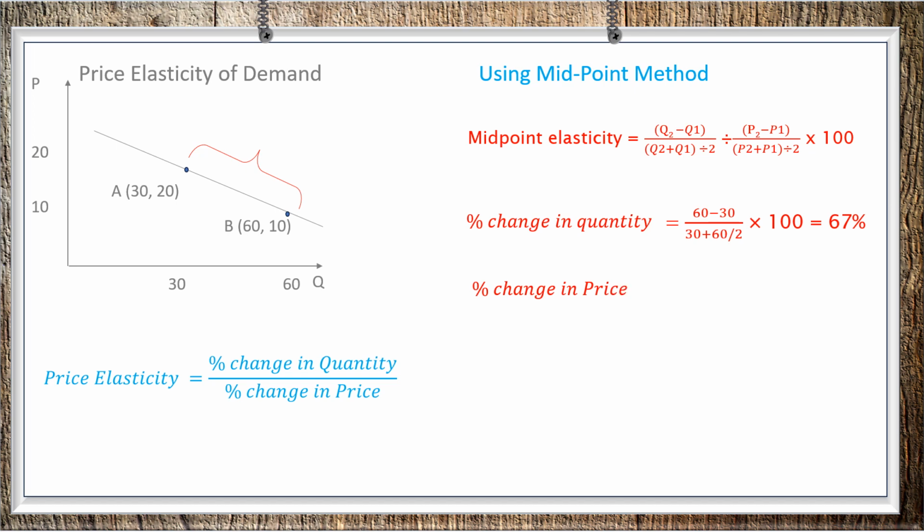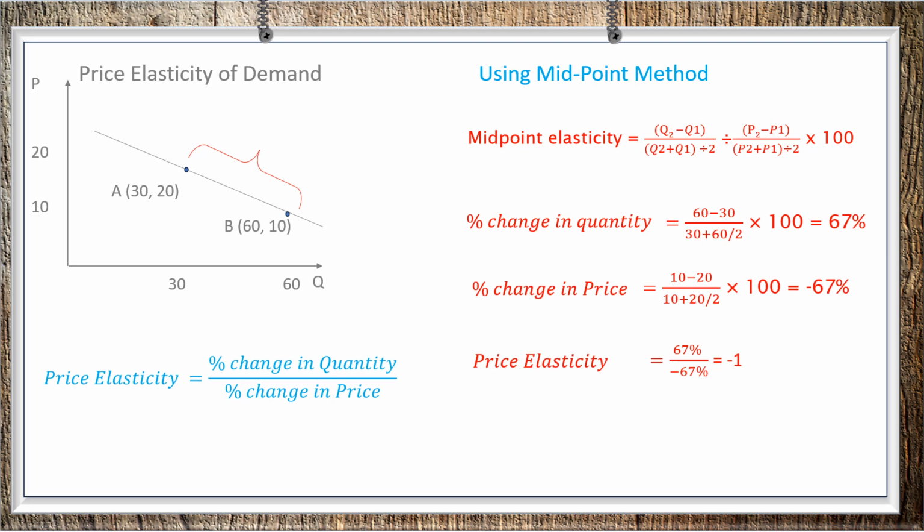Using the price figures in our graph, we get the percentage change in price, which is negative 67. We calculate our price elasticity by using the percentage change in quantity over percentage change in price to get a negative 1.